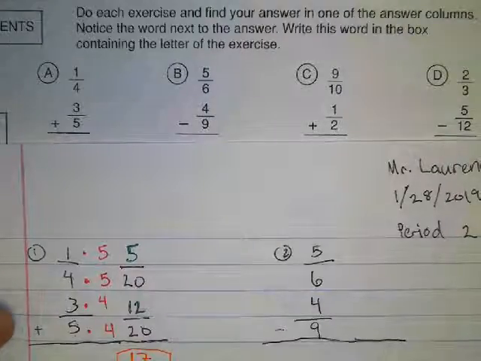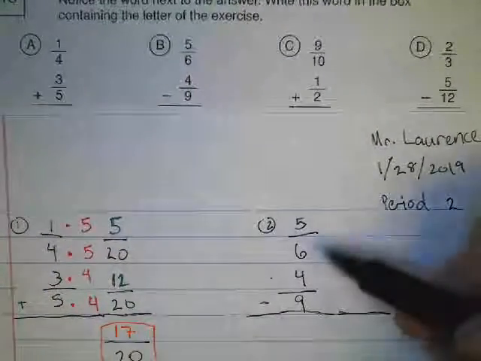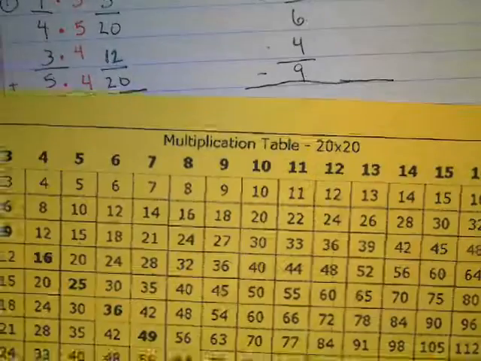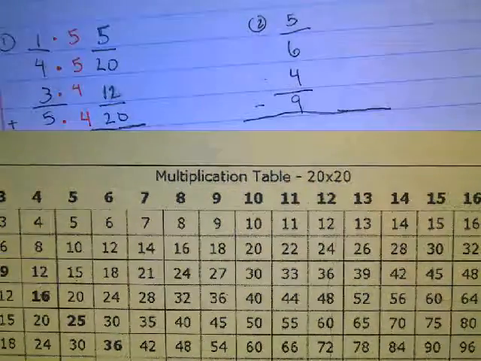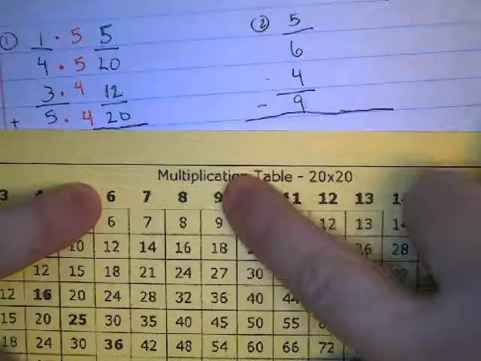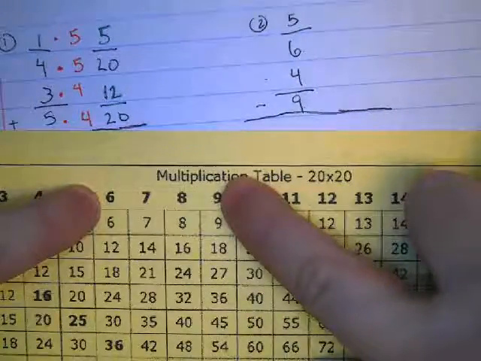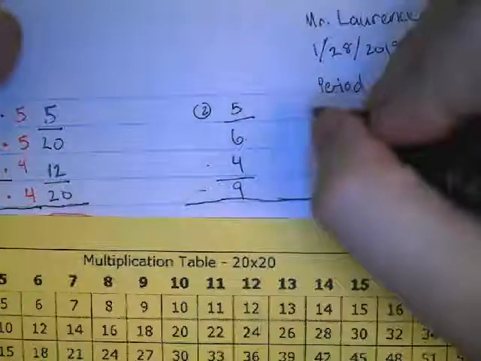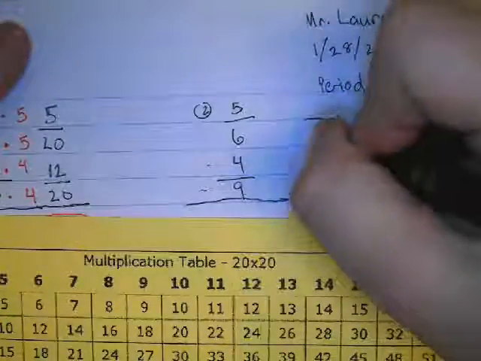So I'm going to go down the 6 column and the 9 column until I have the same number. And when we see the same number, we know we have a common denominator. Well, they both have 18. So I'm going to use 18. So we know we're turning both of them into 18.